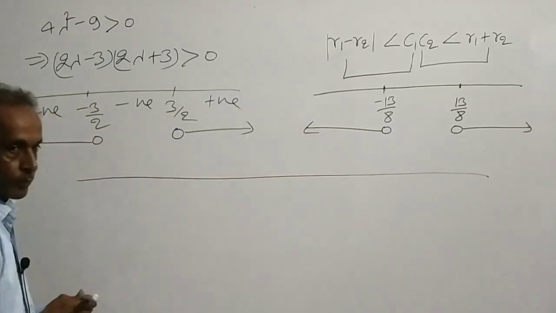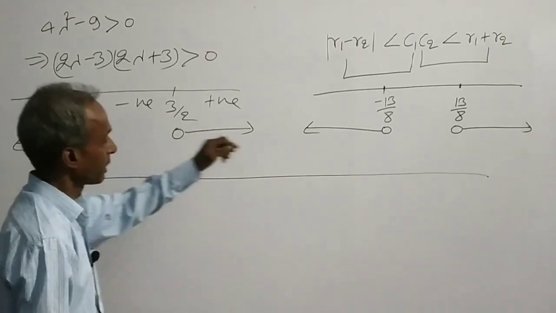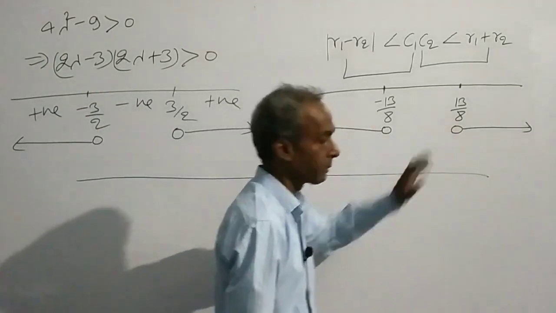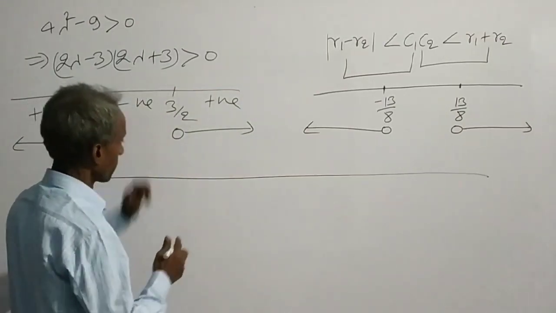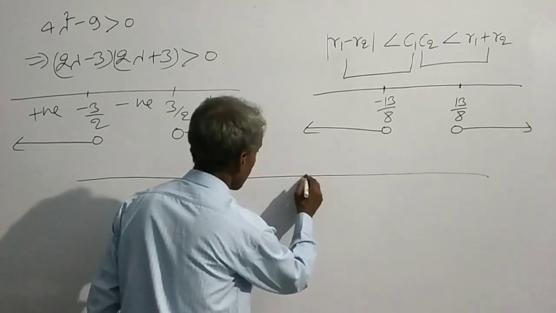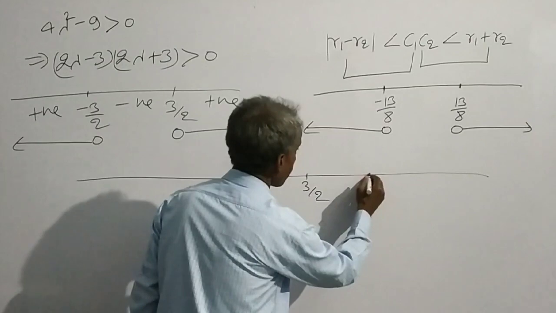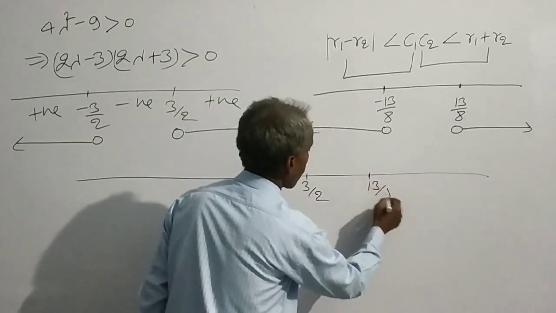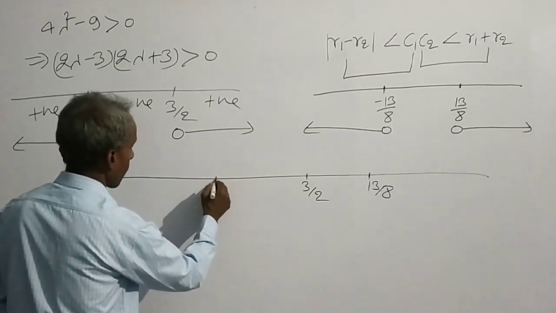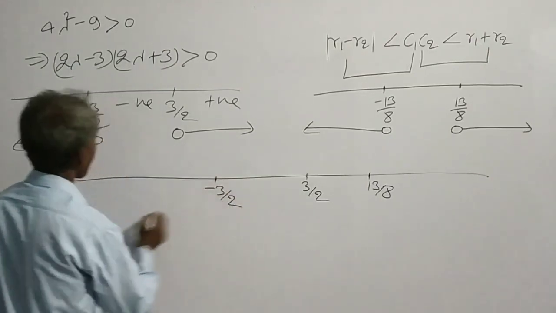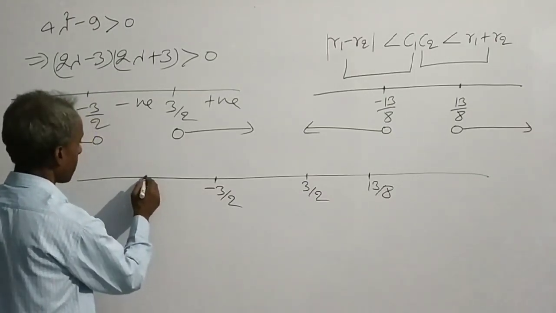On this line, we put all these numbers: minus 3 by 2, 3 by 2, minus 13 by 8, 13 by 8.